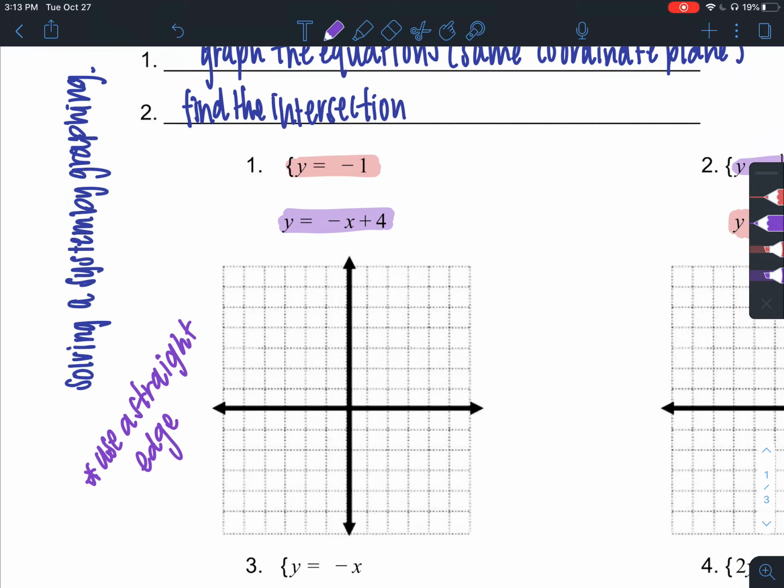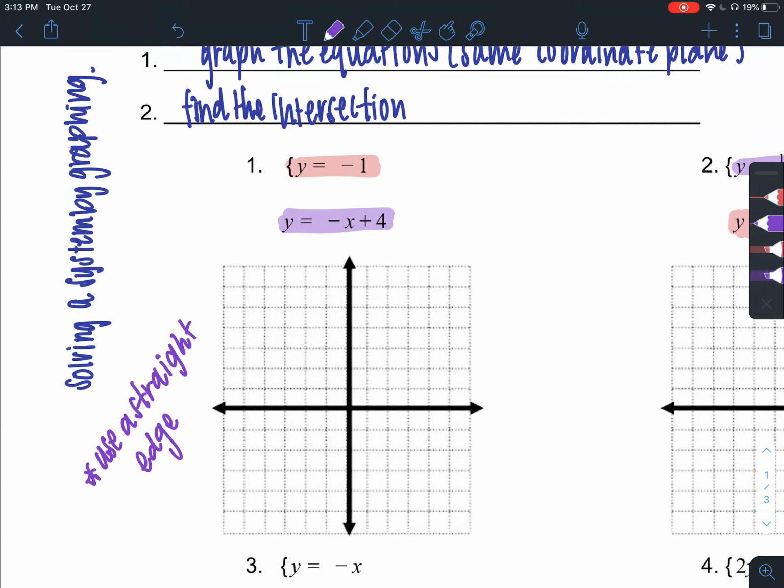Draw that perfect line. And then where those two lines meet, right there, that is our solution. So (5, -1) is our solution.